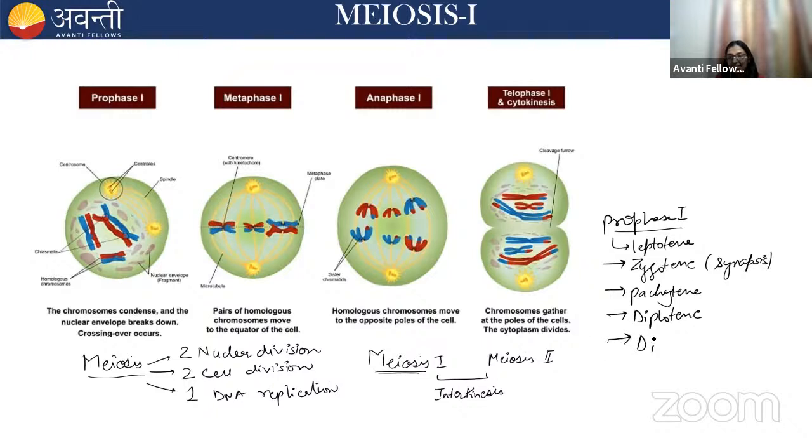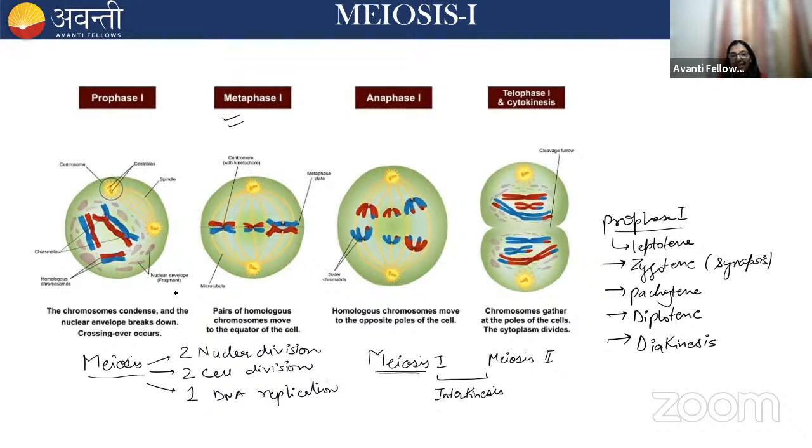After diplotene, there is diakinesis. During diakinesis, terminalization of chiasmata occurs, the nucleolus disappears, disintegration of the nuclear membrane occurs, and the centrosomes start moving towards the opposite poles, and the condensation of chromatin starts.